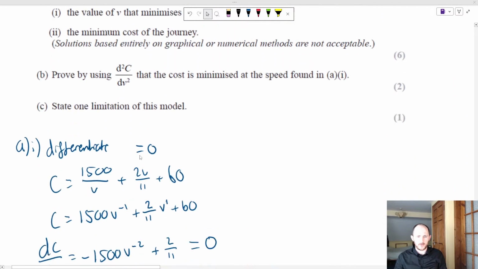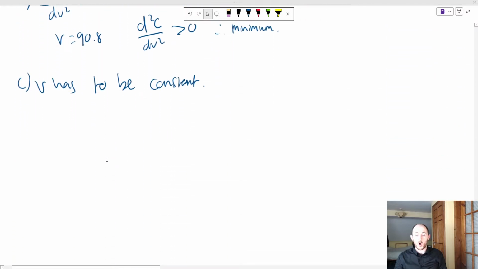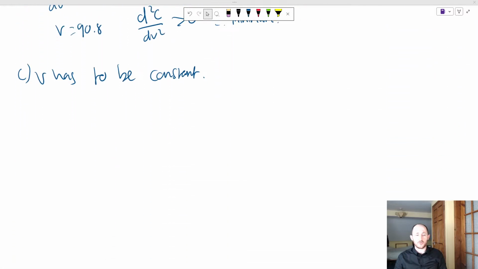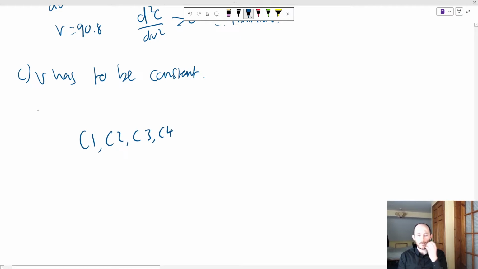What websites do you recommend for exam questions other than Maths Genie? Honestly, go to Physics and Maths Tutor and look at old spec questions. Okay? So, PMT. And the reason for this is they have an old spec. And by old spec, I mean C1, C2, C3, and C4. The reason why I say that is the content is the same.